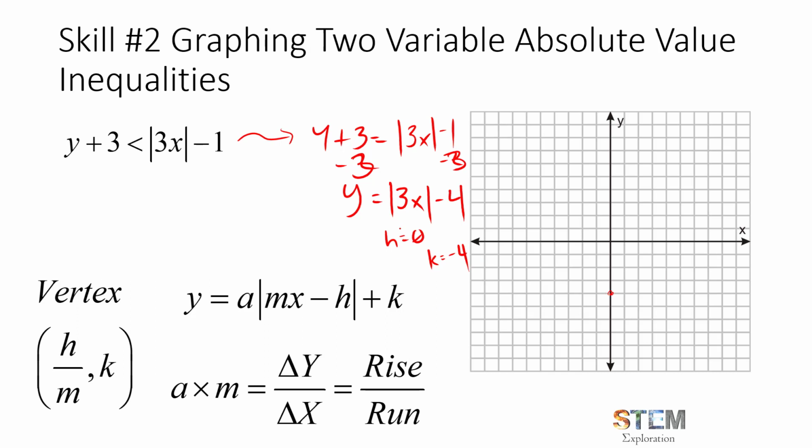But the slope of your line, something we haven't talked about yet, is always going to be equal to the a value times the m value. So this is a slope just like it would be for a y equals mx plus b equation. And we can see that the slope is going to equal 3 in this case because it's 1 times 3.